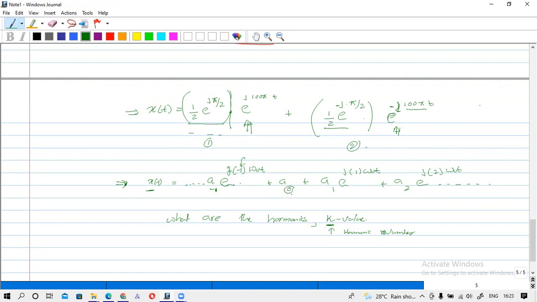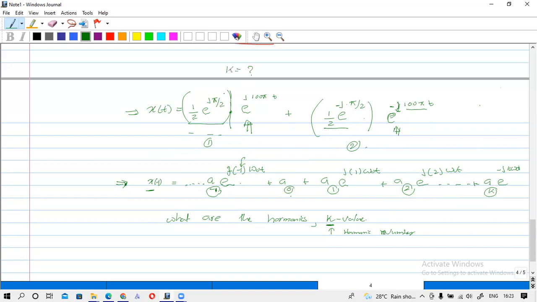This is the 0th harmonic, this is the first harmonic, this is the second harmonic, this is the minus first harmonic, and you will have the kth harmonic like this. So this k is the harmonic number. Here you have to find the k value. That is what you have to find.